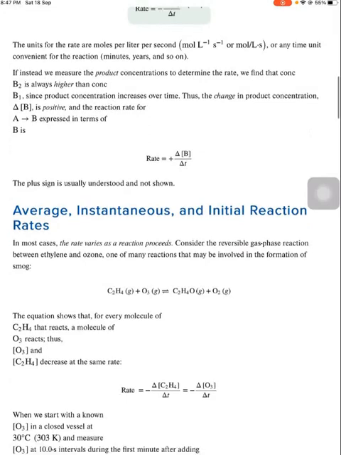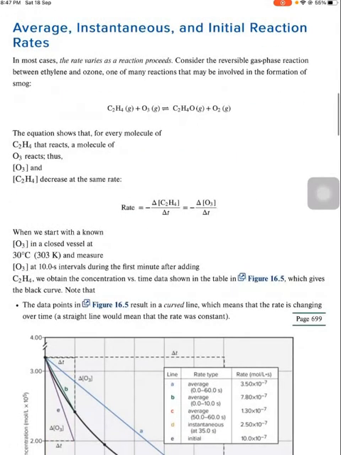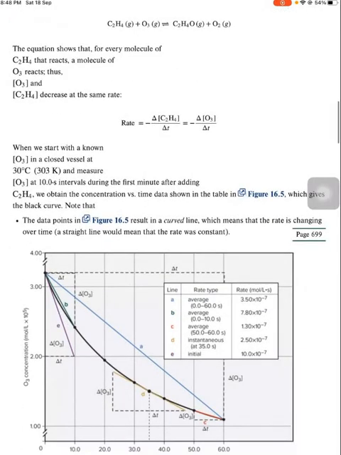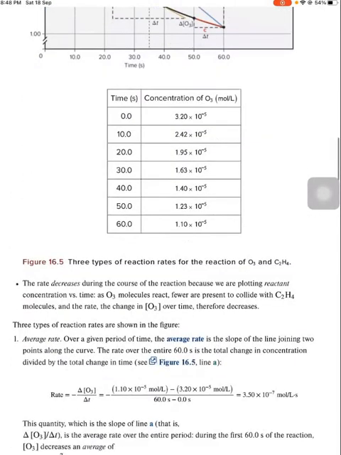Okay, so now what I'm going to introduce to you adalah there are 3 types of rates yang kita kena kenal. Okay, terms dia. So pertama, kita panggil dia sebagai average rate. So average rate, if you look at the definition, because I don't have definition on my slide, but you can refer to your textbooks.